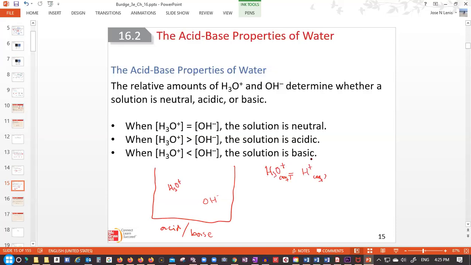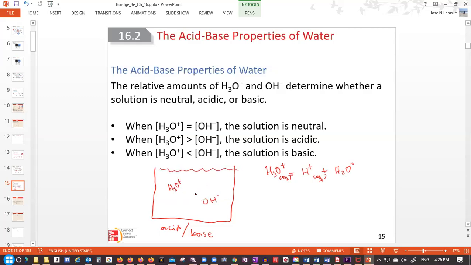So be aware of these two forms to represent the same thing. This is the hydrogen ion, and this is what we call the proton. This is the protonated water, which is basically the proton plus water, right? This is neutral. So these two make that one. And this is what actually exists in the water, in the aqueous solution.